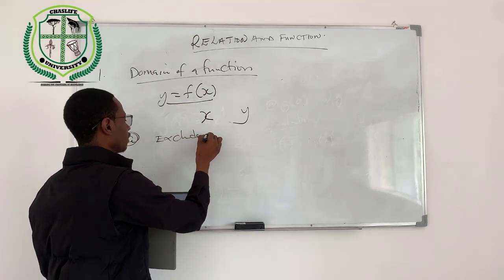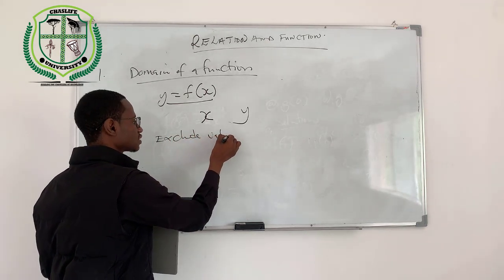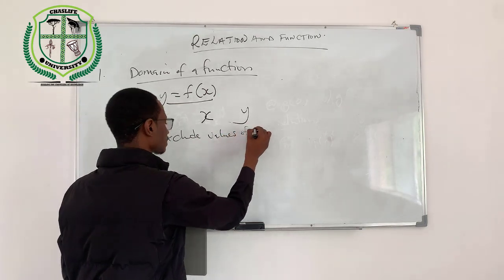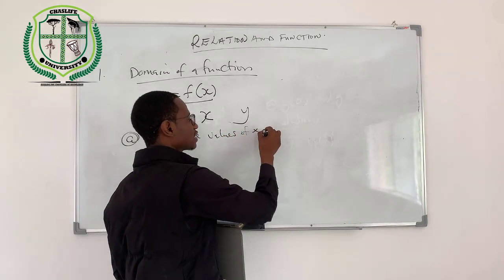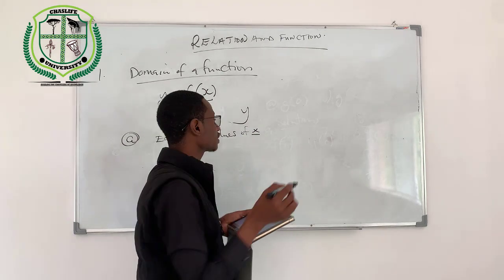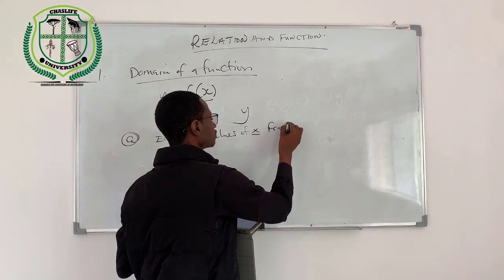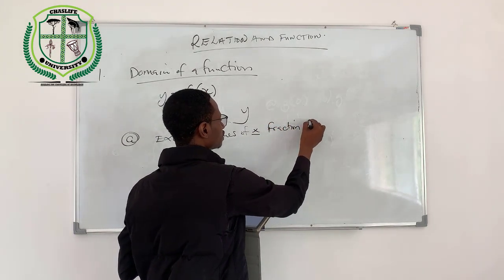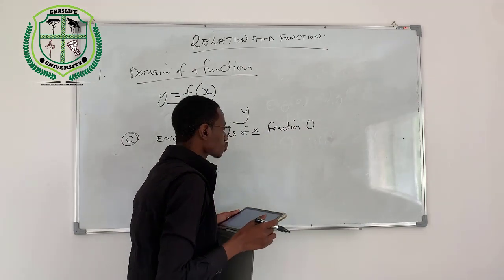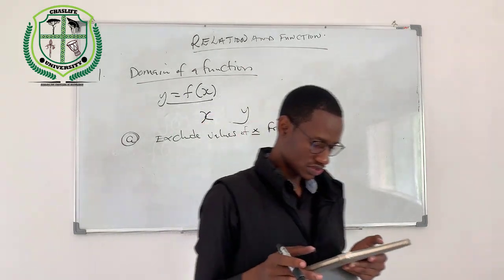So the denominator of a fraction should not be 0.